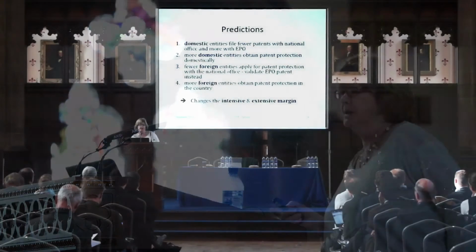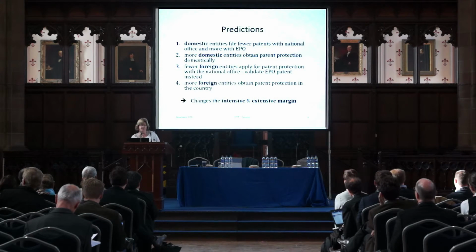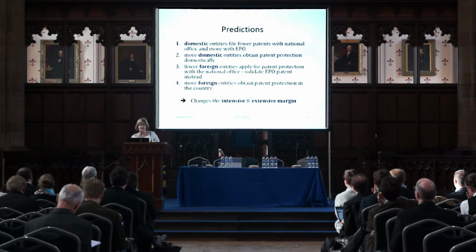So we predict that domestic entities are going to file fewer patents with the national office and more with the European Patent Office. More domestic entities are going to obtain patent protection domestically just because it looks like a better deal, because of the fact that they can get Europe too. Fewer foreign entities apply for patent protection with the national office, and they validate an EPO patent instead.